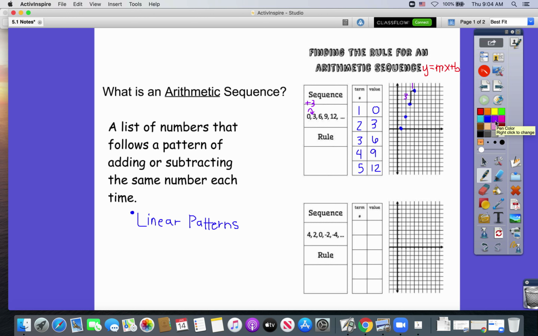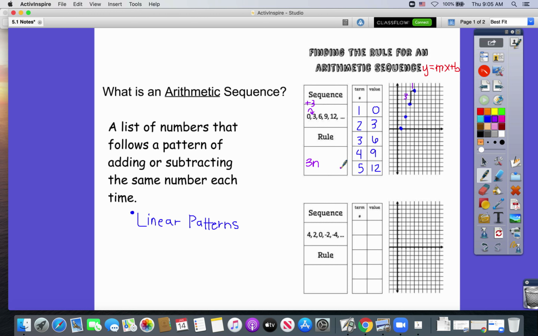So when I write this rule, first thing I'm going to know is the slope. What are we adding every time? What is that change? And in this case, it is 3. And then instead of x, for sequences, we are going to use the variable n.